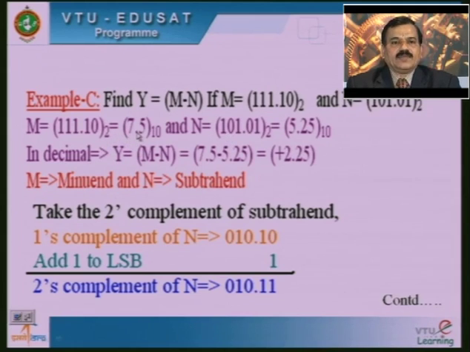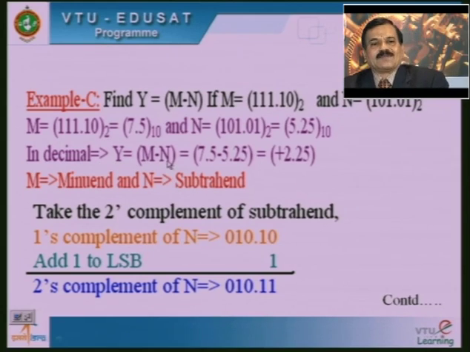The equivalent decimal value of m is 7.5 and n is 5.25. If we evaluate the subtraction in decimal, y is equal to m minus n, then 7.5 minus 5.25 gives plus 2.25.